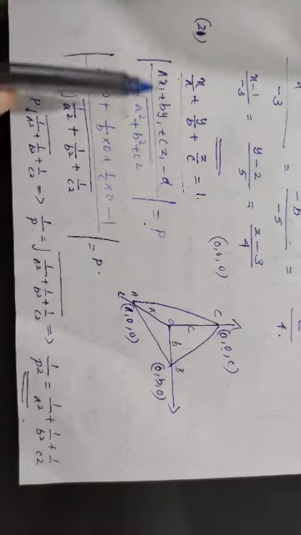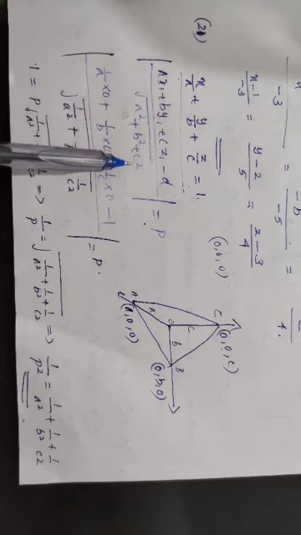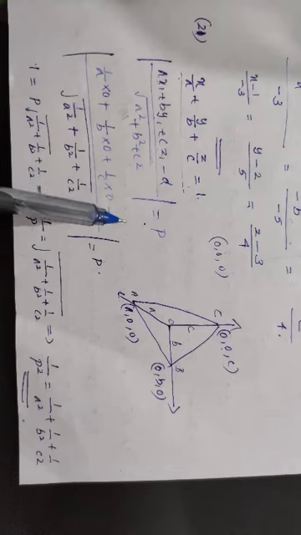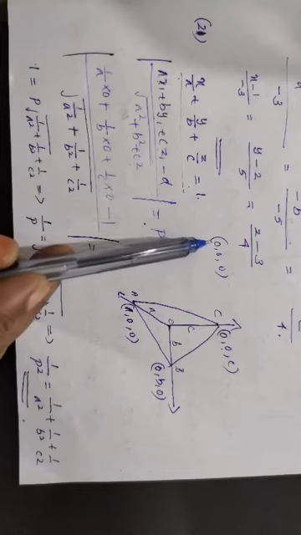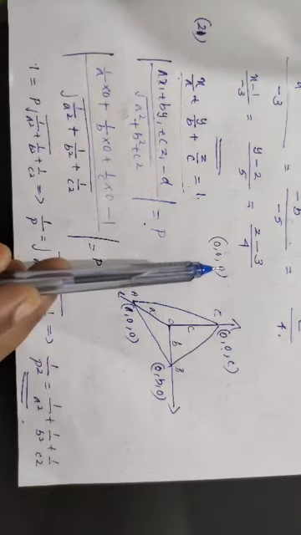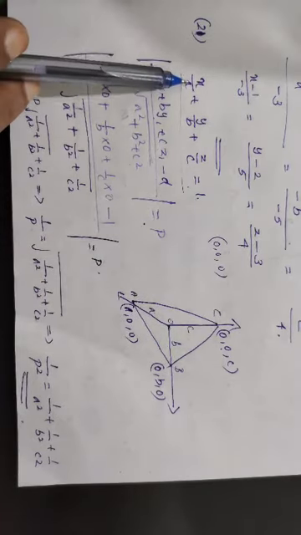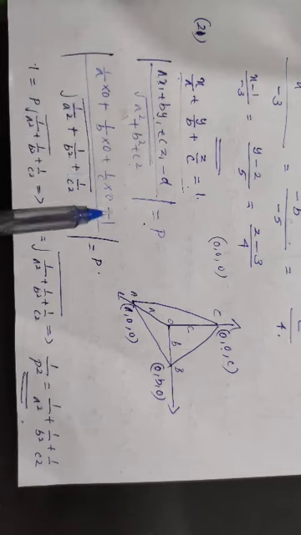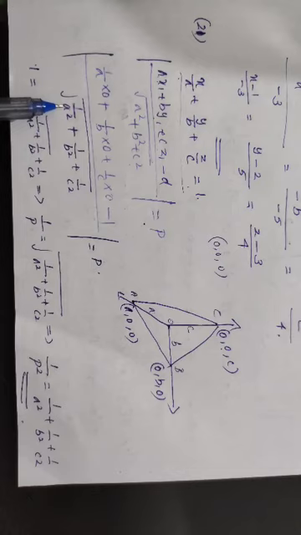Modulus of (ax1 plus by1 plus cz1 minus d) by root of a square plus b square plus c square, where a, b, c are the direction ratios, the coefficients of x, y, z, that is 1/a, 1/b, 1/c. Substituting x1, y1, z1 as 0, 0, 0 and a, b, c as 1/a, 1/b, 1/c, we have 1/a into 0, 1/b into 0 plus 1/c into 0 minus 1. This constant d is 1. So modulus of minus 1 by root of 1/a square plus 1/b square plus 1/c square equals p.